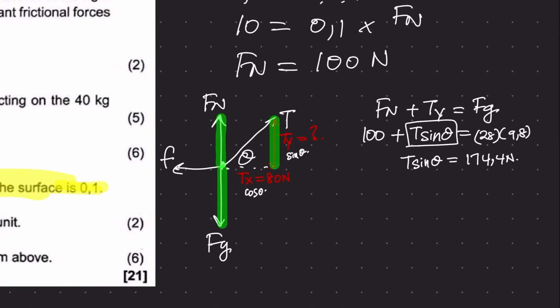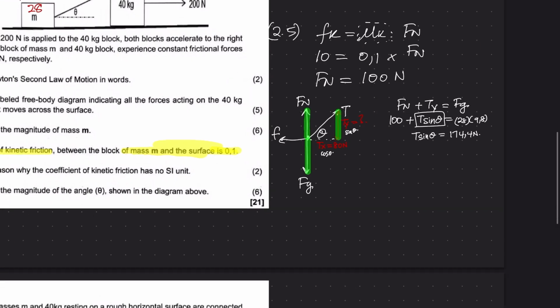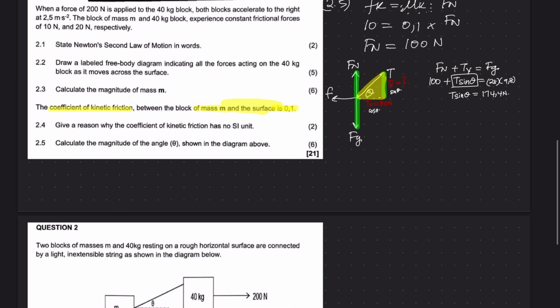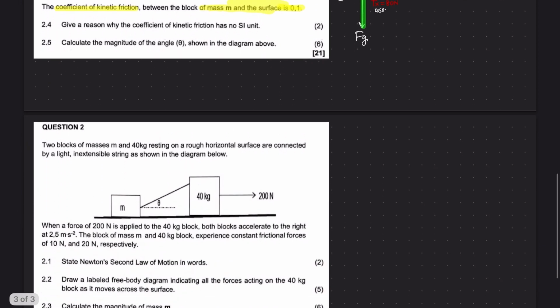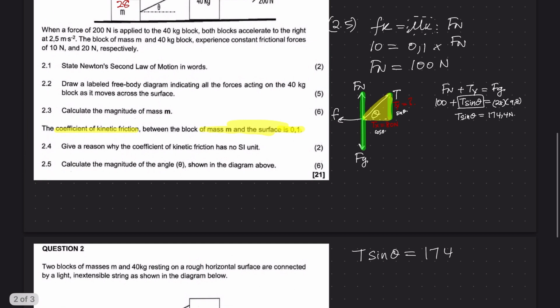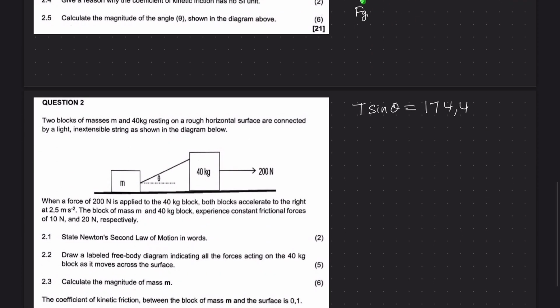What do we do from here? Okay, so let me show you. It has to do with this triangle, this one here, right? Now let's look at our information. We know that T sine theta equals 174,4.